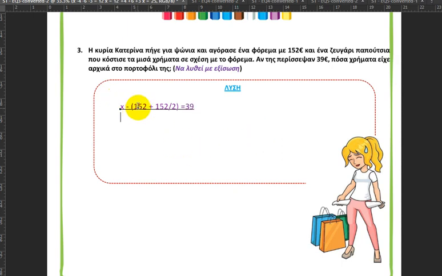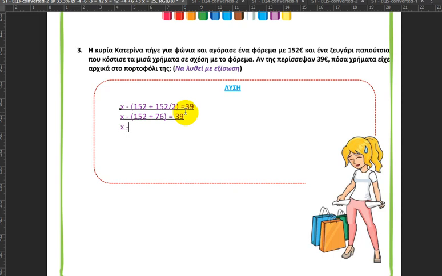So first we need to do 152 divided by 2. The half of 152 is 76. This has to be equal to 39.